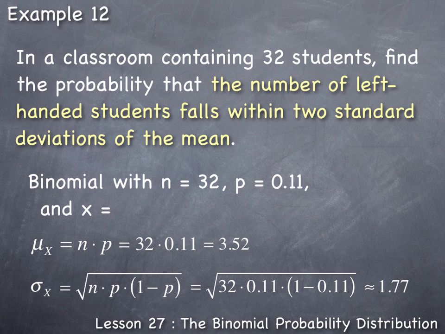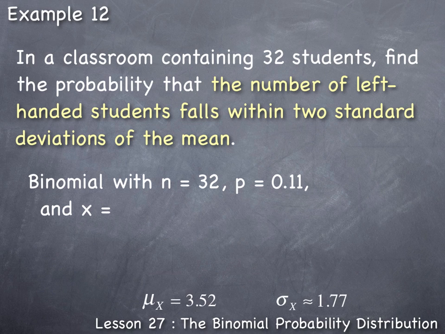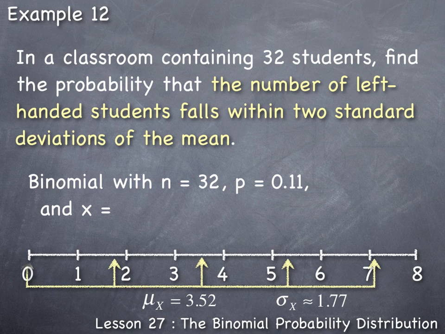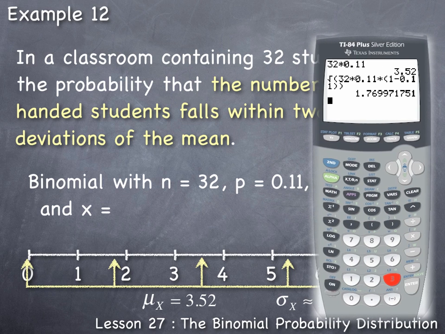So now we can go 2 standard deviations from the mean by adding 2 standard deviations above the mean of 3.52 and then subtracting 2 standard deviations below the mean of 3.52. So here the mean is 3.52, and if we were to add 2 standard deviations, we'd add the 1.77 once, 1.77 twice. Subtracting, we'd subtract the 1.77 once, 1.77 twice to get the full range of 2 standard deviations.